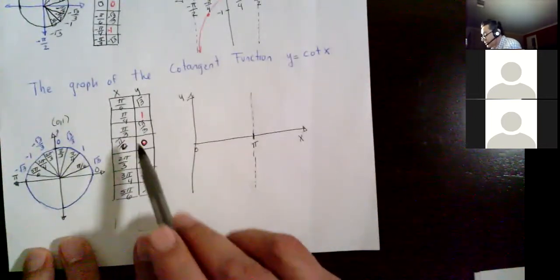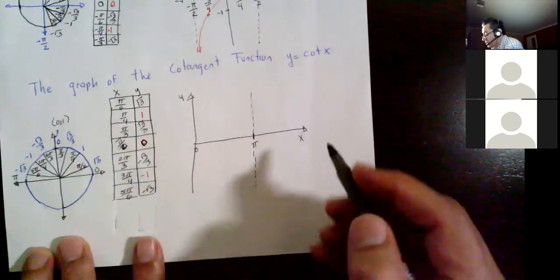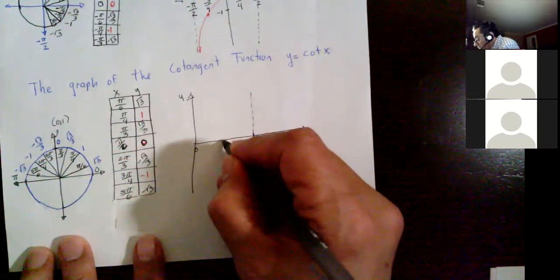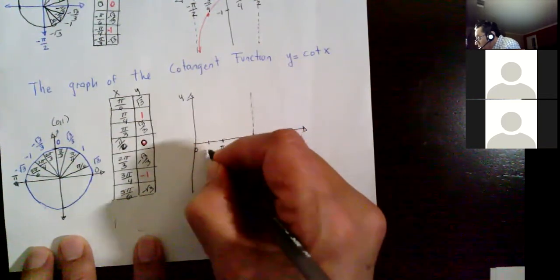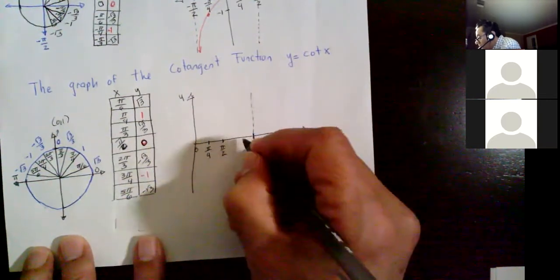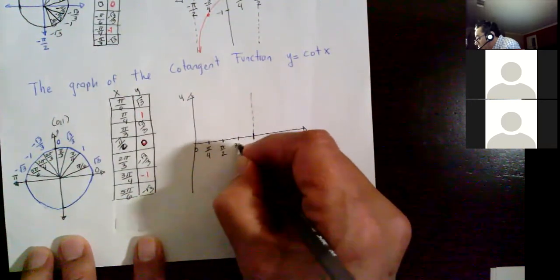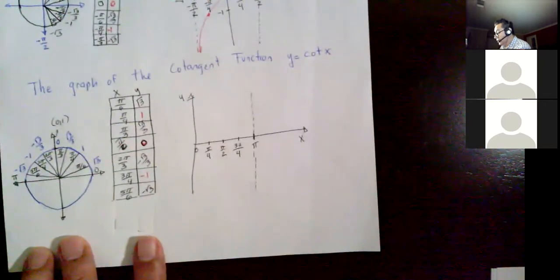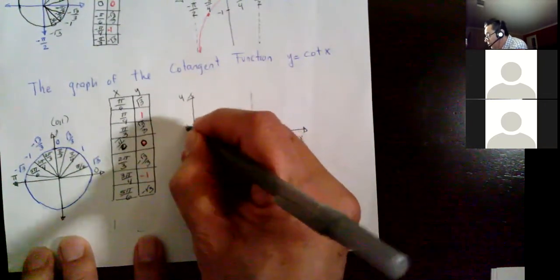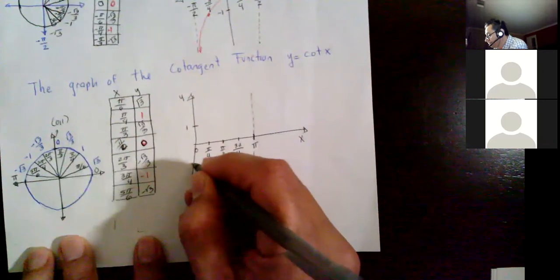And also at 0, by the way, the y-axis is a vertical asymptote. And notice the regions that we care about here are pi over 4, pi over 2, and 3 pi over 4. Let's say this is 1, and this is negative 1.